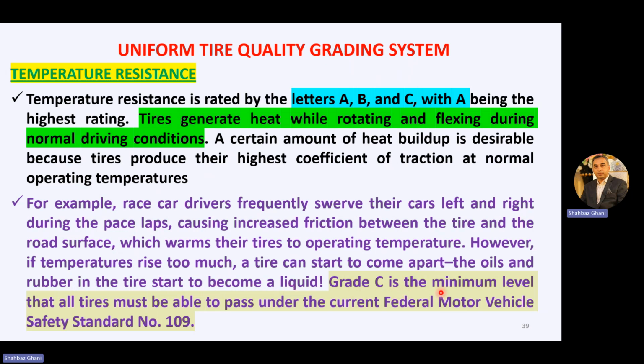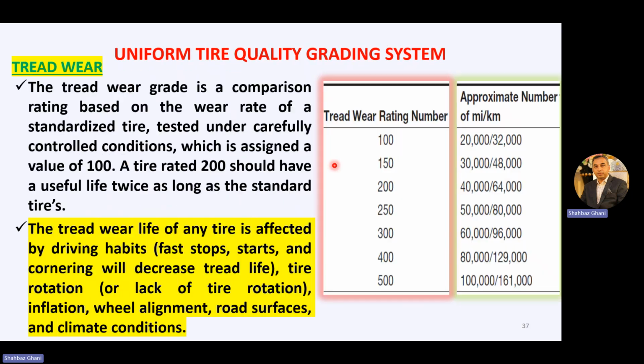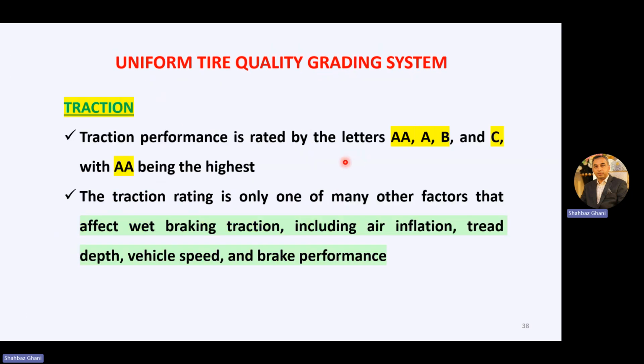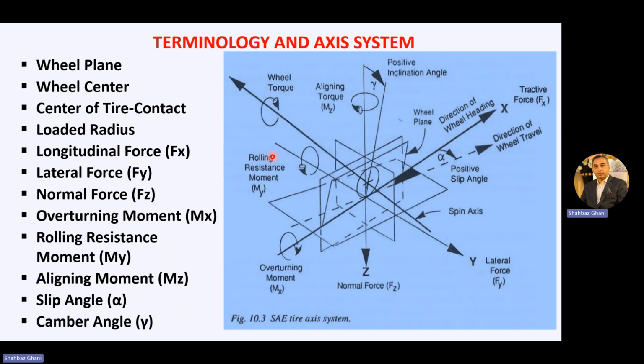Grade C is the minimum level that all tires must be able to pass under the current Federal Motor Vehicle Safety Standard 109. So these three are also important. First is the tread wear, then traction and temperature resistance.